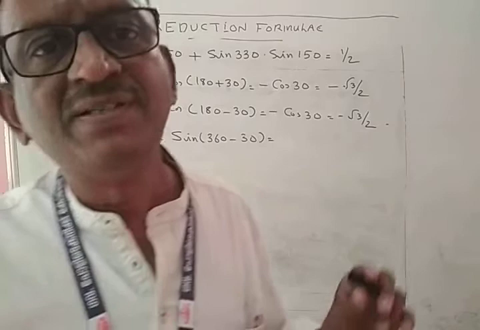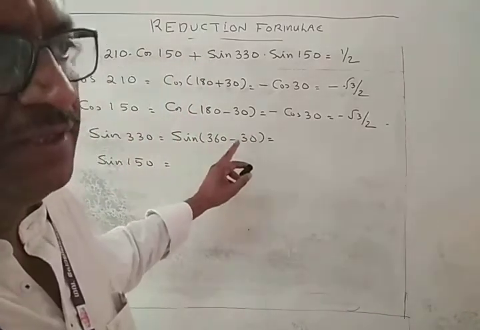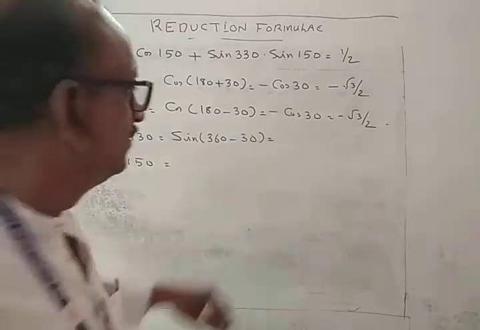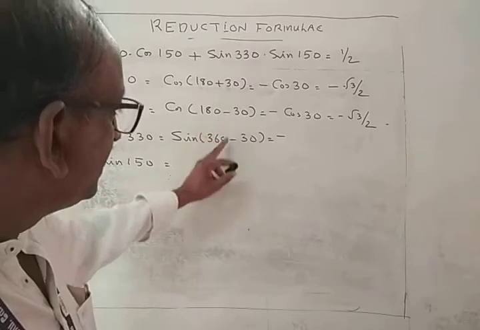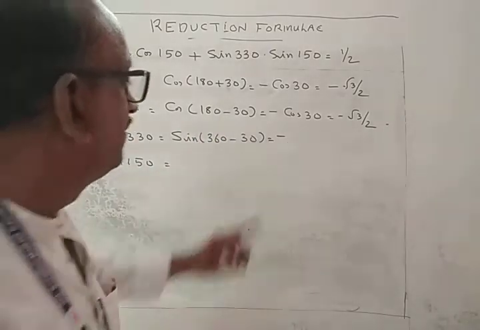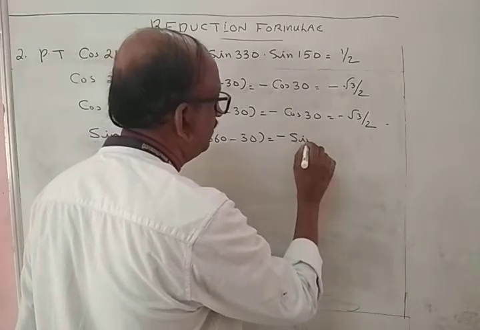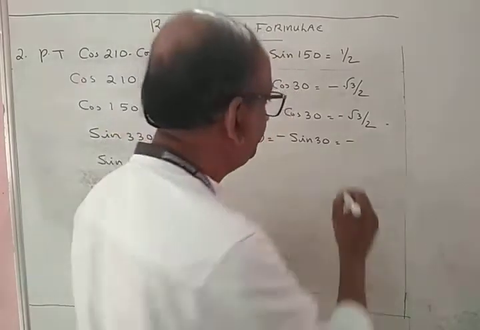The 330 is the same as 360 minus 30, and the quadrant is fourth. In the fourth quadrant, the sign is negative. And since the angle is 360 degree, sine is sine. This answer is minus sine 30, which is 1 by 2.